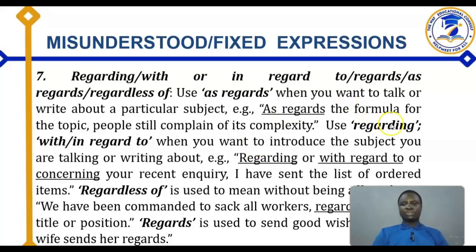That is when you want to introduce the subject matter or what you are talking or writing about. For instance, regarding or with regard to or concerning your recent inquiry, I've sent the list of ordered items. So here you are just mentioning it to the person for the first time.